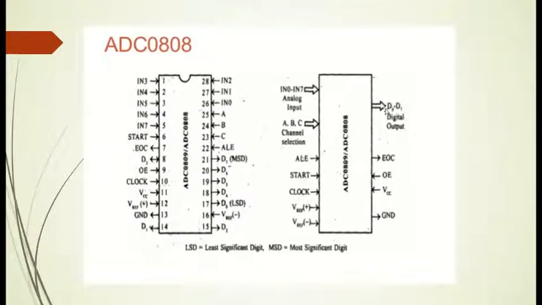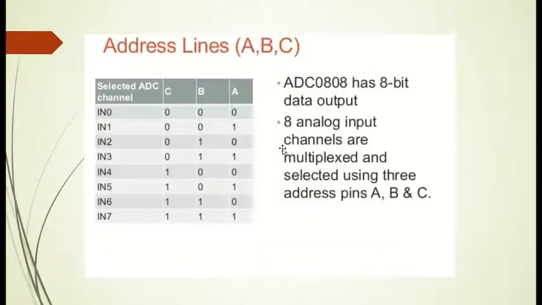Digital output is nothing but, after conversion, the actual digital output will be sent to the D0 to D7 pins. As I mentioned earlier, A, B, C are used as address select pins. That is, you can select any one of the channels using these 3 pins.